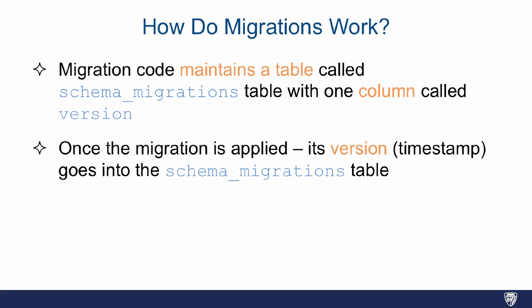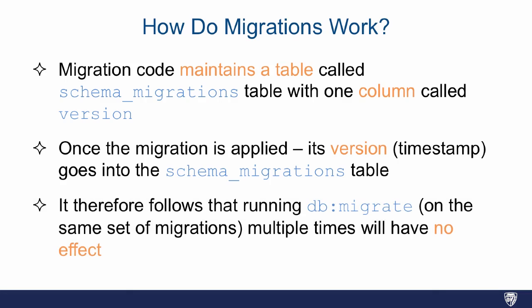And once the migration is applied, the version is stored in that schema migrations table. So what this means is that if you run rake db:migrate more than once, nothing is going to happen the second time because your database inside the schema migrations table already has the version column, and it's going to show that the latest migration has already been applied, so nothing is going to happen to your database.